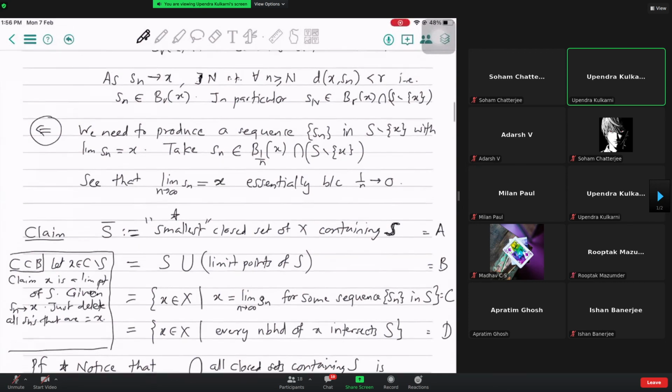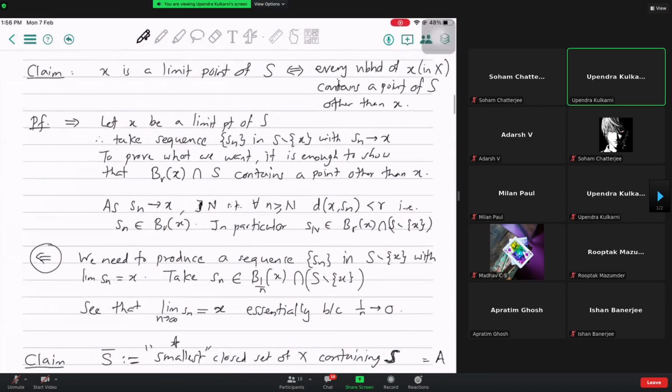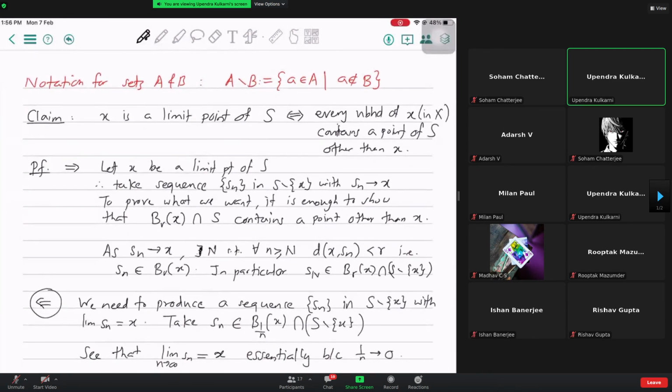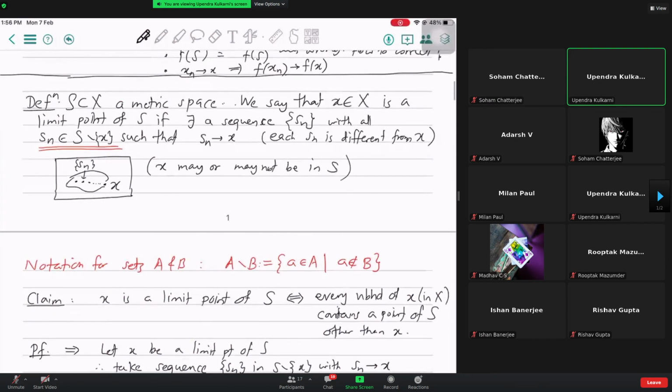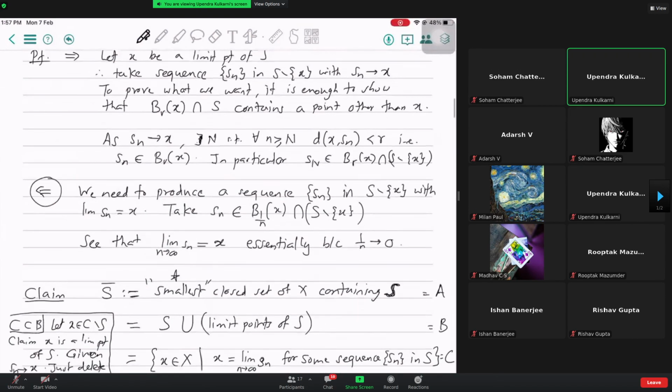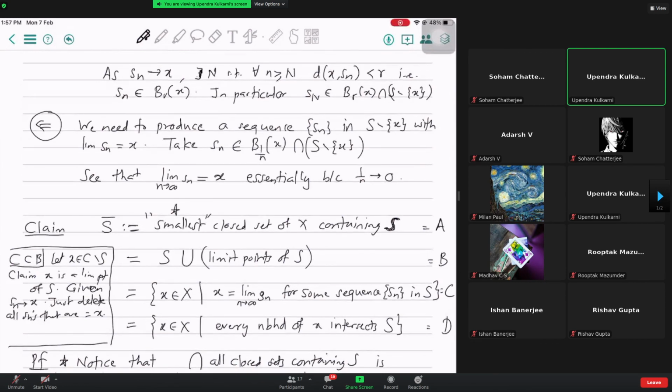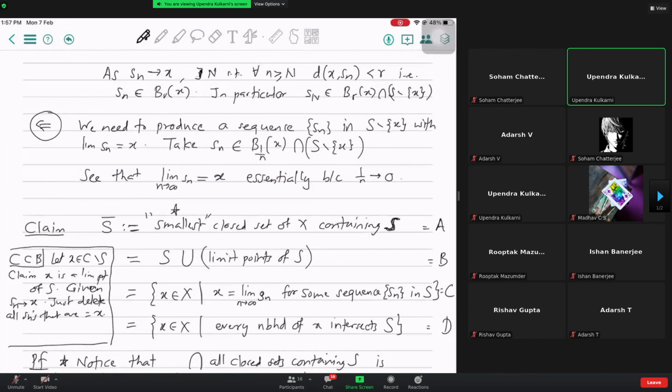Every neighborhood contains a point other than... sorry, just one second. No, I have confused myself. S minus X. Sorry, no, I mean, sorry. I'm sorry to have exposed you to this verbal diarrhea.